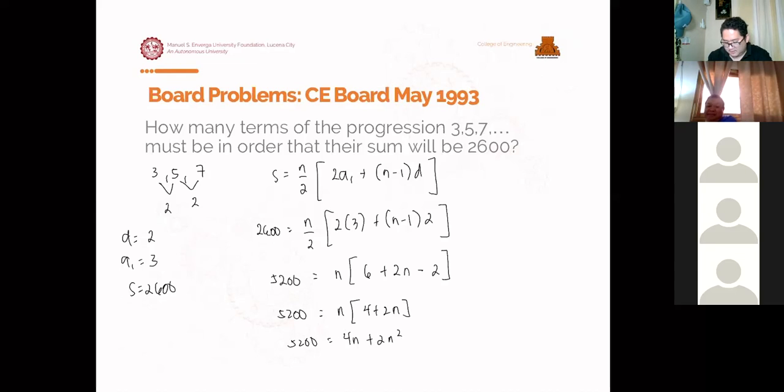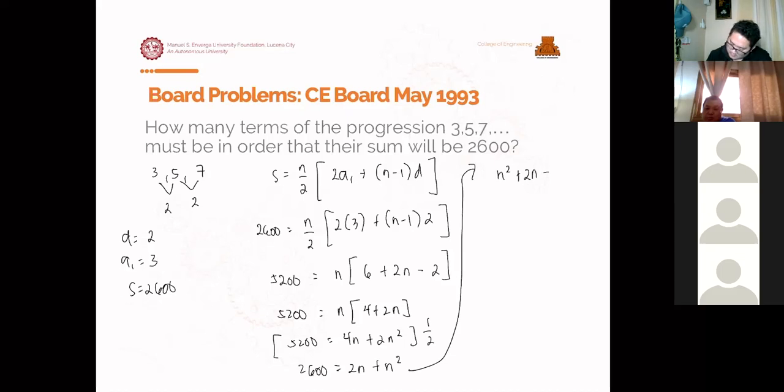Pwede natin i-divide all sides of the equation by 2. So, this will be 2,600 equals 2n plus n squared. So, meron tayong quadratic equation: n squared plus 2n minus 2,600 equals 0.